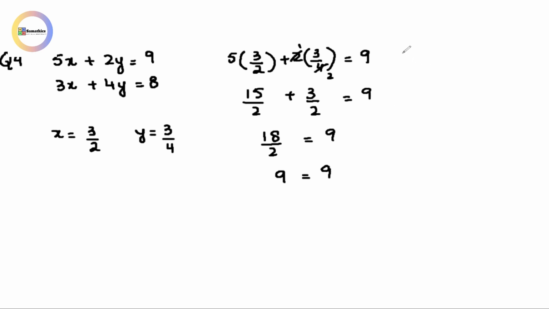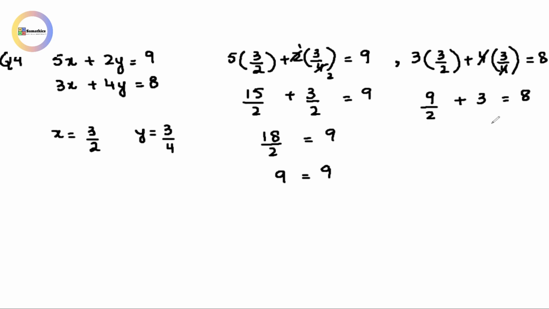Now we'll check in the second equation. In second equation, we'll substitute the value of x as 3 upon 2 plus 4 into 3 upon 4 and then is equal to 8. So we have here 9 upon 2 and here we have 3 because 4 and 4 would be cancelled out. Now we will take out LCM. It is 2 in the denominator, 9 plus 6.